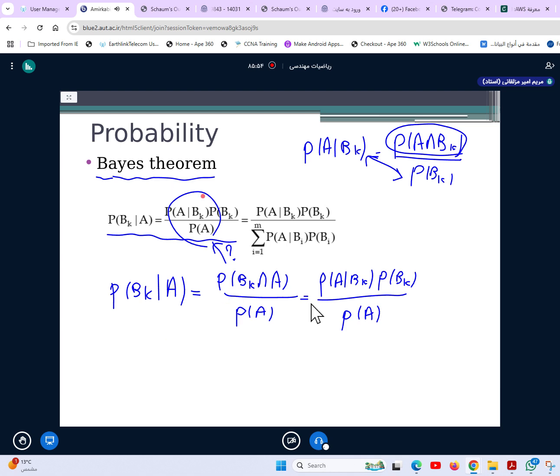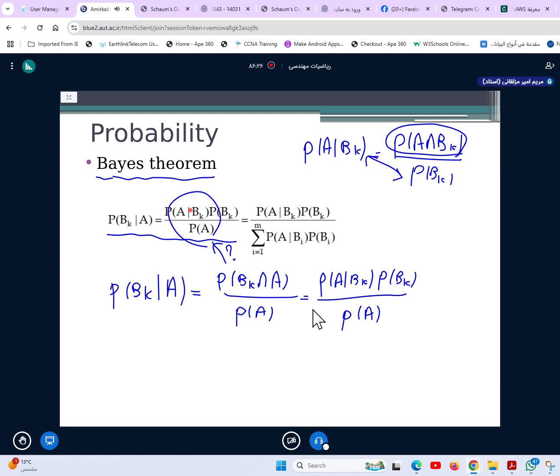When we use Bayes' formula, you can see that we have the probability of A given beta, but we want the probability of beta given A. In this situation, we use Bayes' theorem. Is it clear?